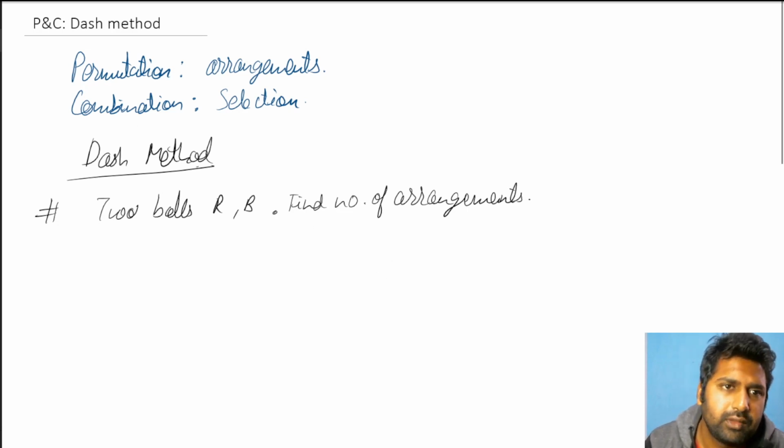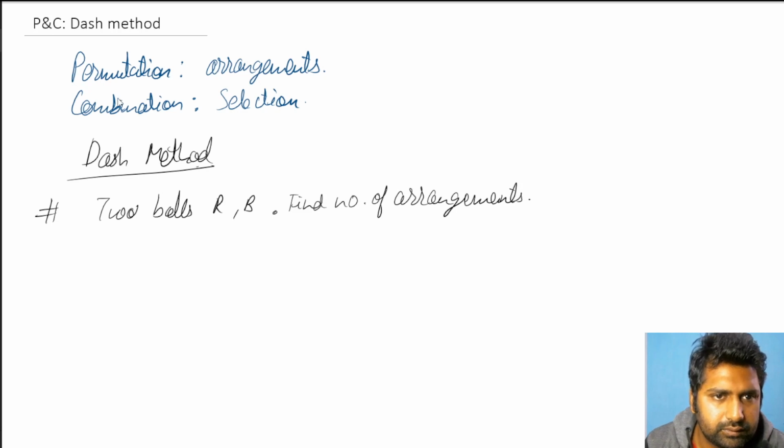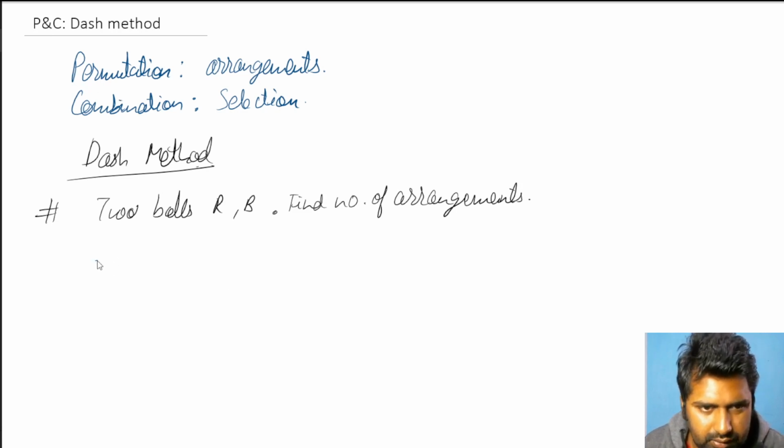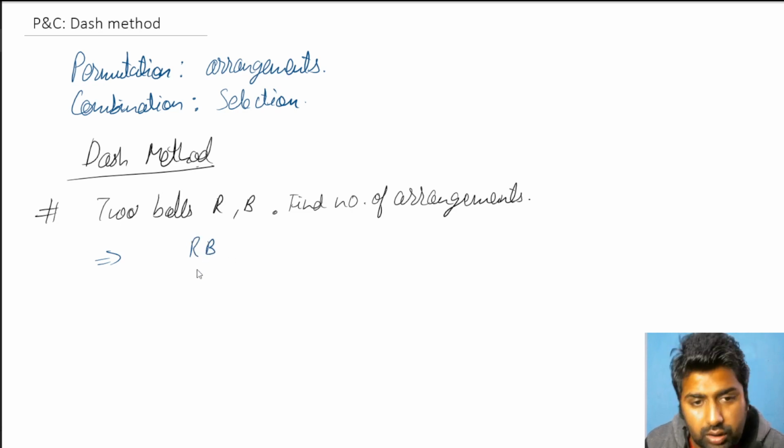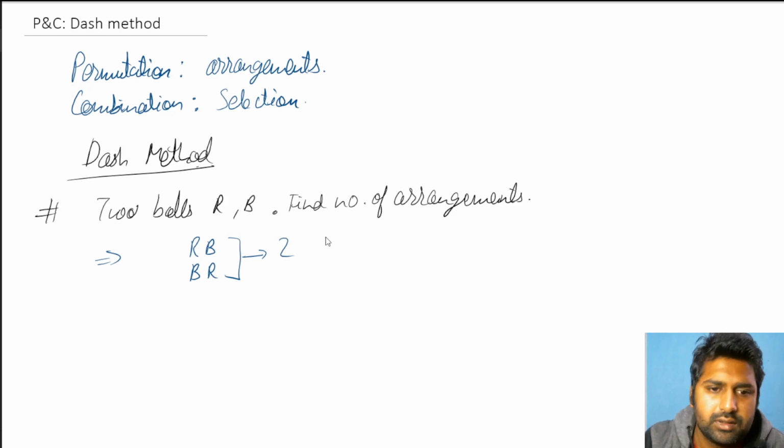Suppose we are placing these on a table. In which order can we place them? Red first and then black, or black first then red. So there are two such arrangements possible. That's it.